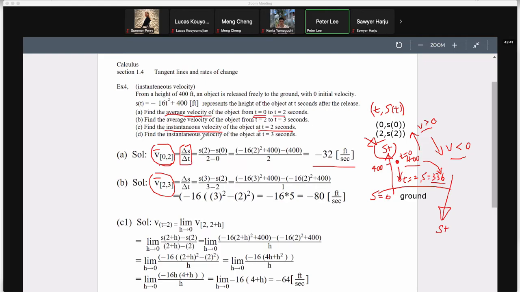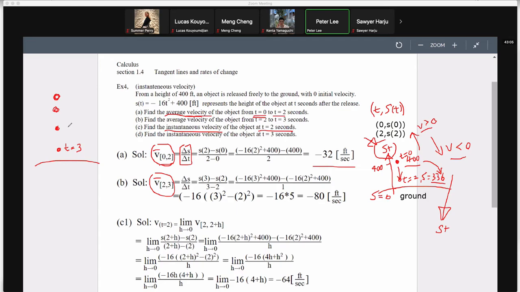We want the instantaneous velocity at t equals 2, at that one point. The object is coming down here. T equals 1 here, t equals 2 here, and then t equals 3 here.